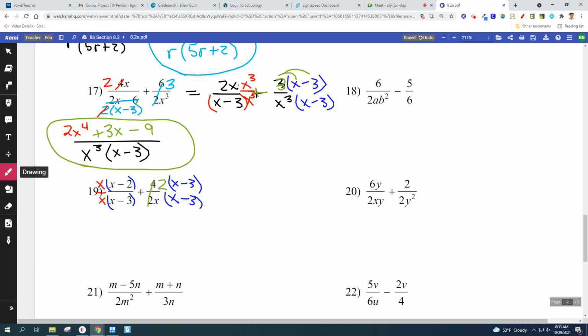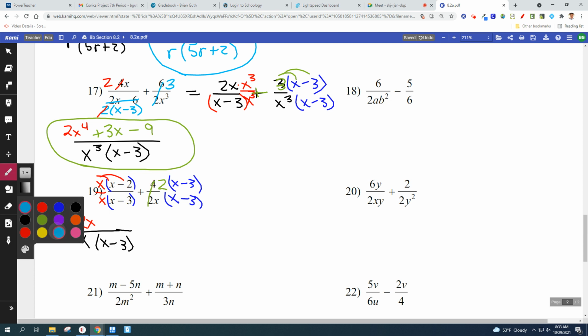We've got the denominator. The denominator is an x and an x minus 3. The numerator's got some stuff going on here. Distributive property gives me x squared minus 2x. And then we've got to distribute a plus 2. So if we distribute that plus 2, that's going to be plus 2x minus 6.